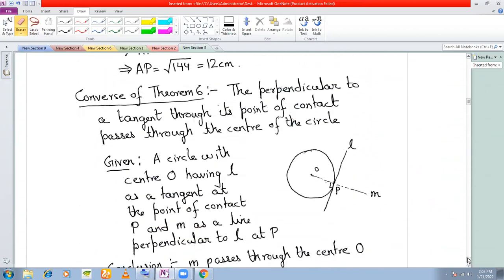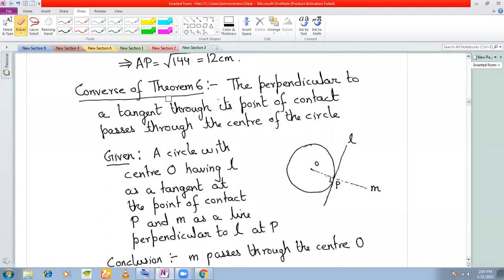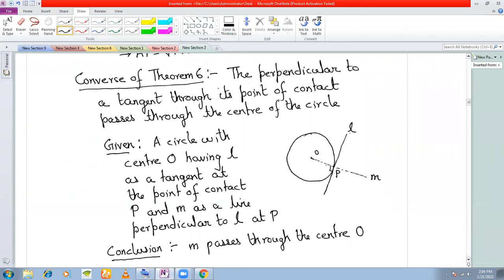The converse of this theorem states that the perpendicular to a tangent through its point of contact passes through the center of the circle. That is, if a tangent is given to you, and I have any straight line that passes through the point of contact, so if you see this line M, it passes through the point of contact, right?